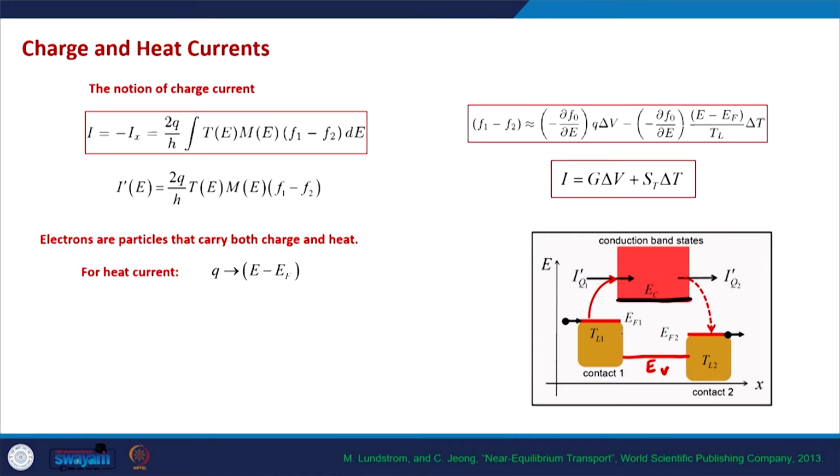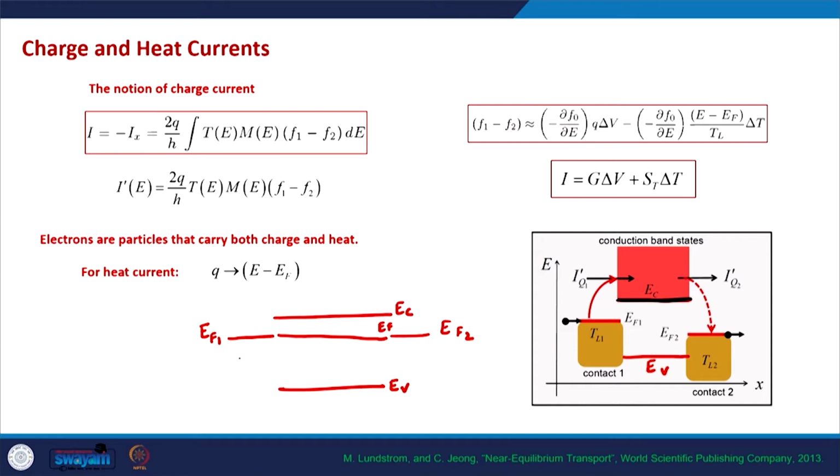So, let us first draw the equilibrium picture. In the equilibrium, what happens is that on the left contact we have Fermi level EF1, on the right contact we have Fermi level EF2, and if we are using an n-type semiconductor, the Fermi level in the semiconductor will be EF, and if it is n-type, the Fermi level will be closer to the bottom of the conduction band as compared to the top of the valence band.